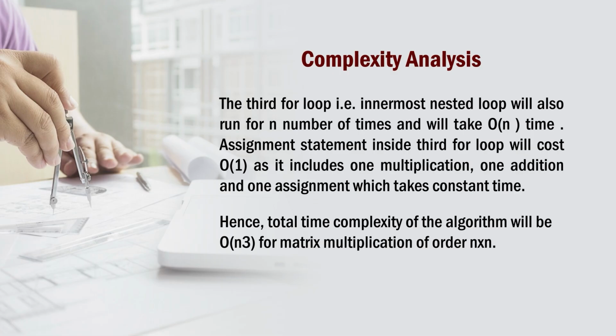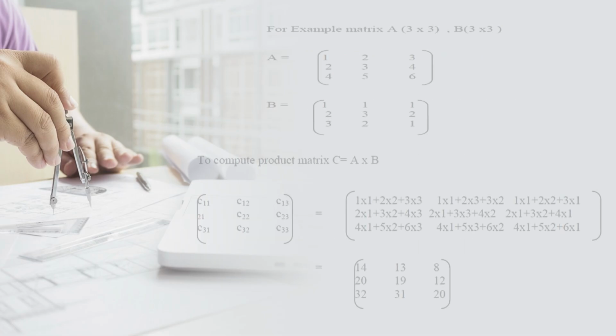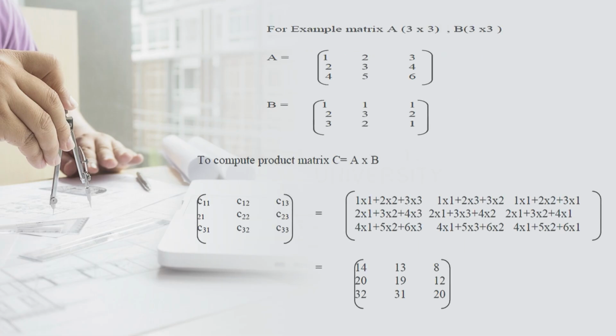Here is one example. Matrix A has 1, 2, 3, 4, 5, 6, 1, 2, 3, and matrix B has 2, 3, 4, 4, 5, 6, 1, 1, 1. If we multiply, that is C equal to A cross B, how can the multiplication happen? C11 will be simply the first row of the first matrix and the first column of the second matrix.